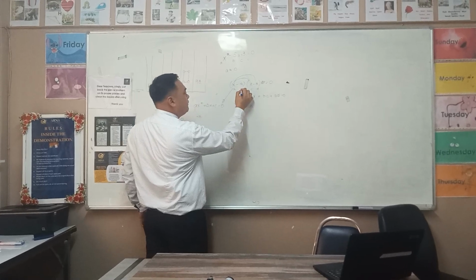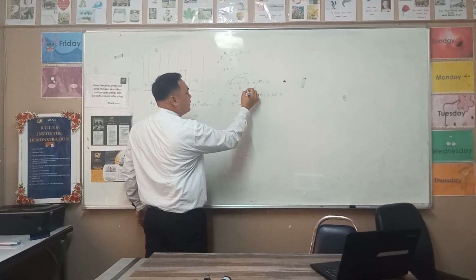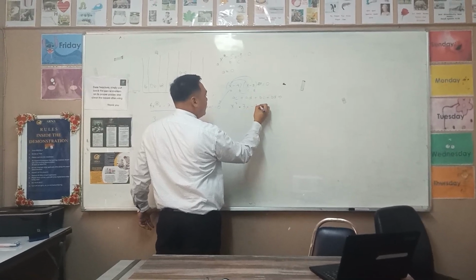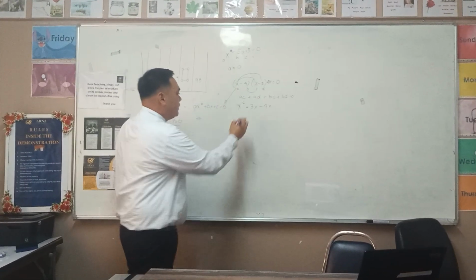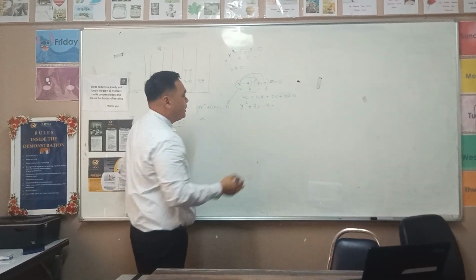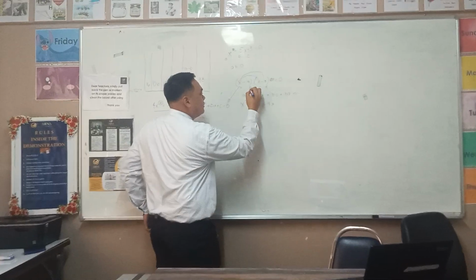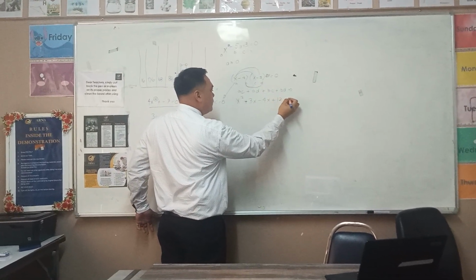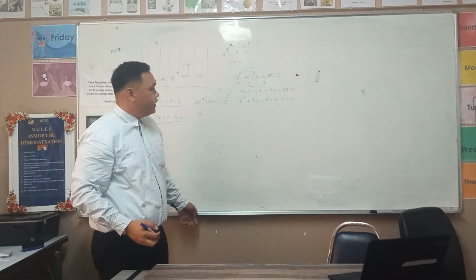Next is negative 4 times x, which is equal to negative 4x. For this one, this should be positive, because negative times negative is positive. Next is b times d. What is your solution? This is positive 12 is equal to 0. Is this the standard form already?